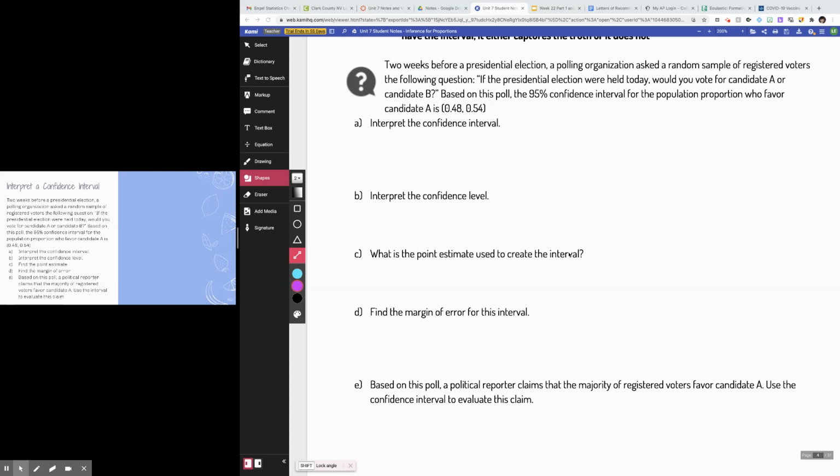We don't know the actual true value, obviously, of people who would vote for candidate A. It's two weeks before the election, we don't actually know that. So we're using our confidence interval as our range of best guess.